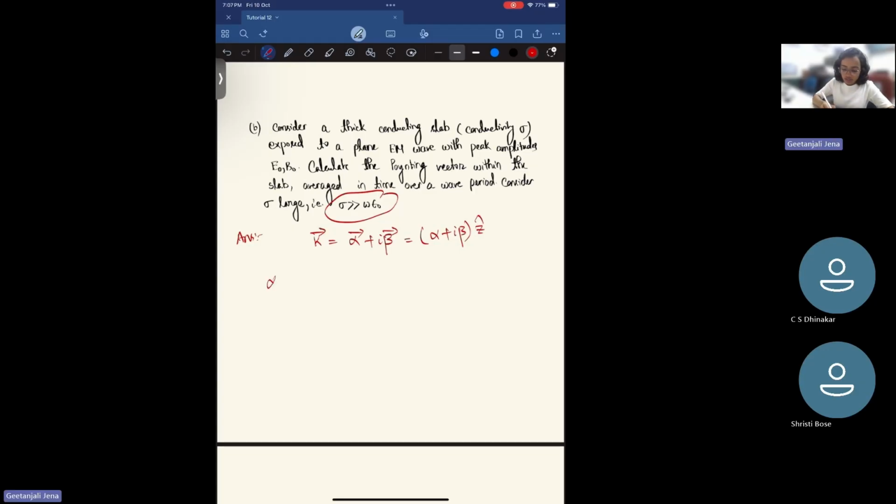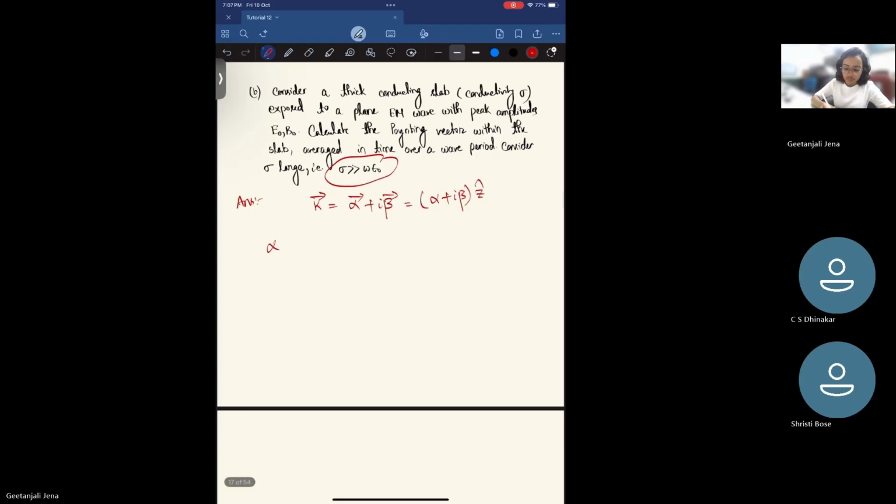If you recall, for the metal, you can write beta as omega square root of epsilon mu by 2, times square root of the quantity square root of 1 plus sigma by omega epsilon squared, minus 1.